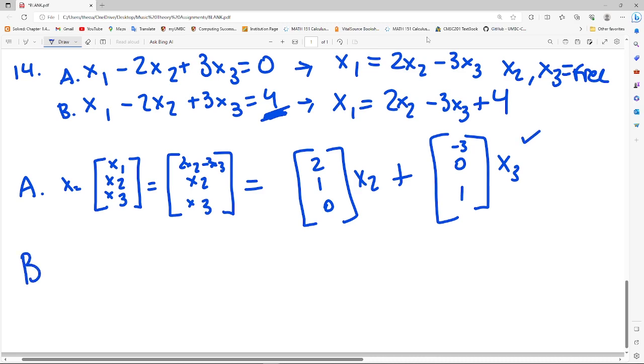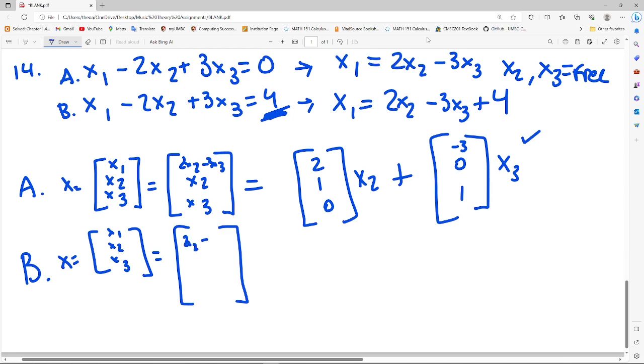For part B right here, we have x1 is equal to the same thing, 2x2 minus 3x3 plus 4. And then, like I said, x2 and x3 are free because they don't depend on anything.